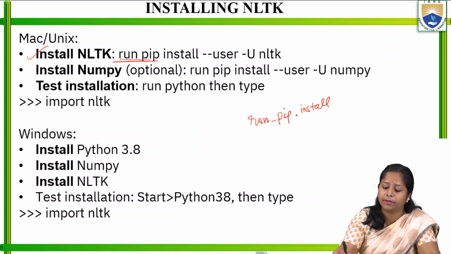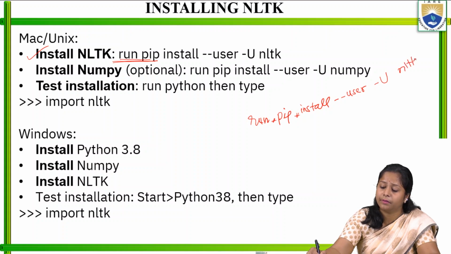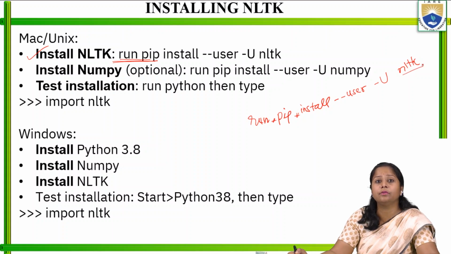There will be a space after each word, and then space dash user, and then dash capital U, which is related to a different dependency, and then NLTK. Like that you need to install the NLTK library.